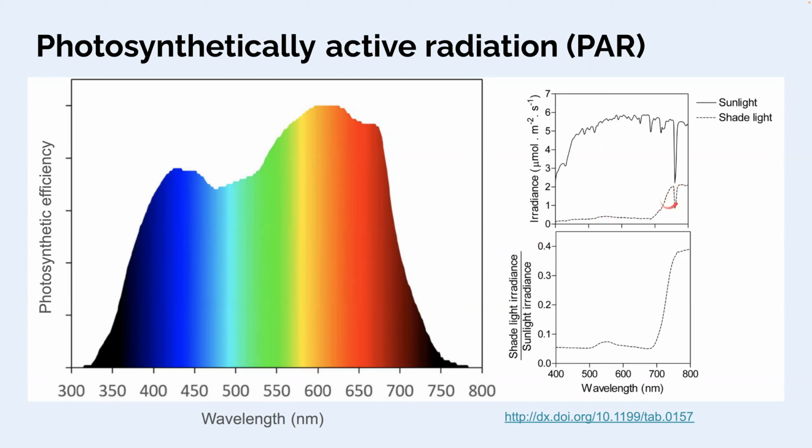And then there's actually an abundance here in the shade. There's an abundance of light that's not used by plants. And that reflects a steep drop off here, about 700 nanometers, a region of light that is present in sunlight still, but not really absorbed by plants. So it's getting through. So that becomes a signal to a plant that you're in the shade.